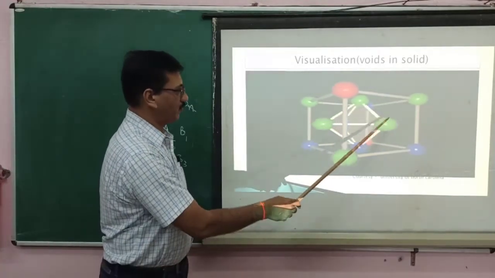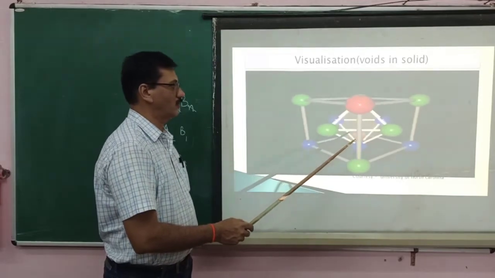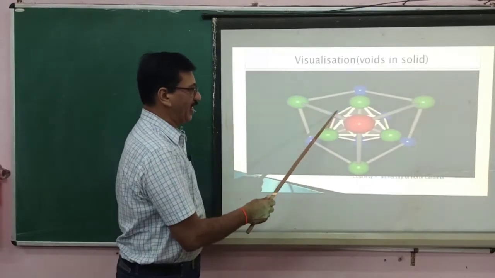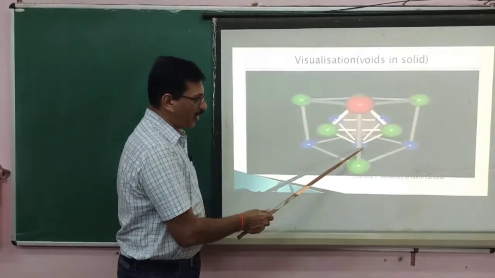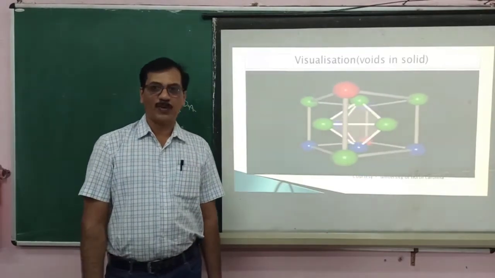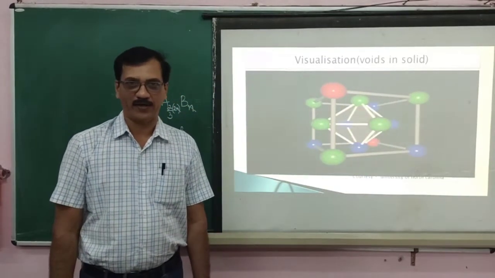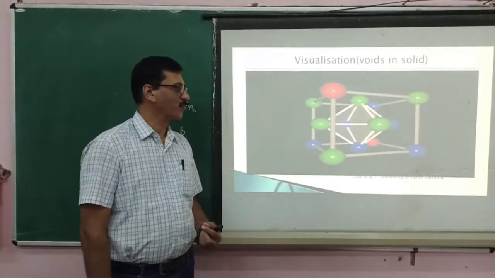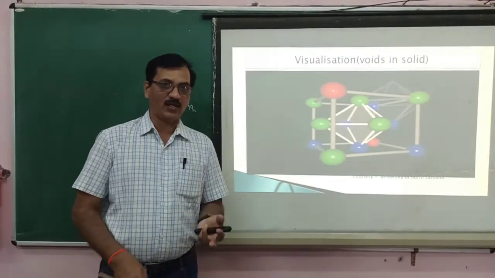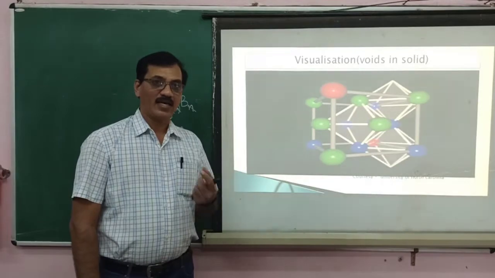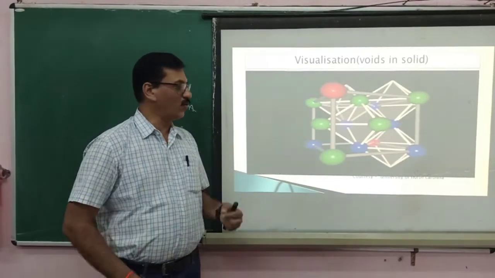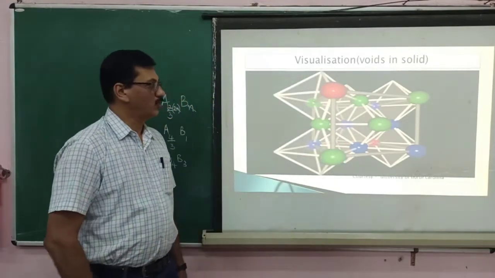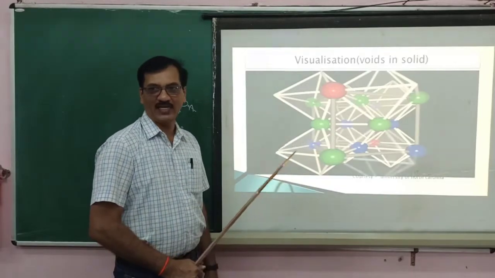Or else you can look at it this way: 4 atoms in one layer being closed above and below by 2 particles, that is also called an octahedral void. So an octahedral void can be seen in 2 different ways. 3 in one layer closed by the 3 above is one way. Another way: 4 in one layer being closed by 1 above and 1 below. These are all the positions of octahedral voids.